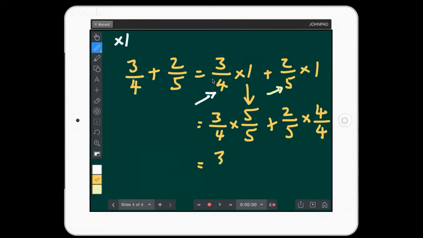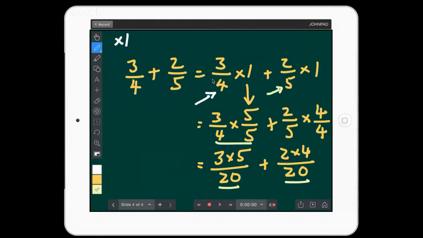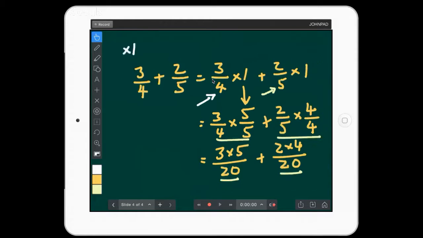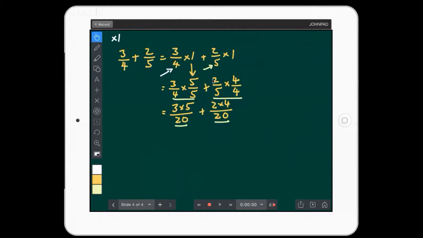Well, we get 3 times 5 over 20 plus 2 times 4 over 20. And you can see that this 20 that I've got here is the result of the common denominator created by the multiplication. So this, of course, isn't that cool?